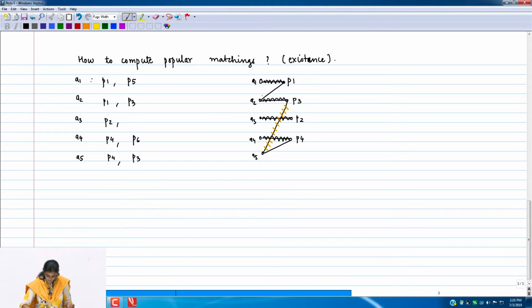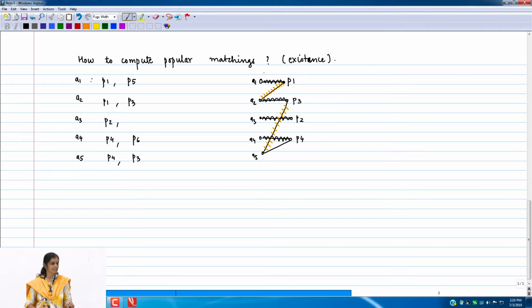I can do further promotions, that is I can promote A2 to P1, and then I am still not done because P1 cannot get 2 edges. Therefore, what should I do with A1? I can leave it unmatched because now I have gained 2 votes. I can afford to lose 1 vote, right?